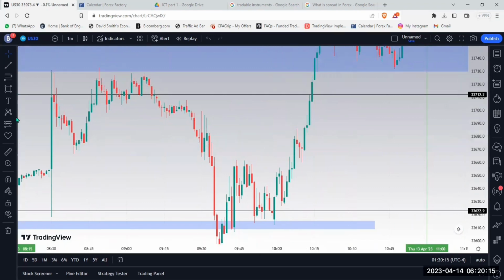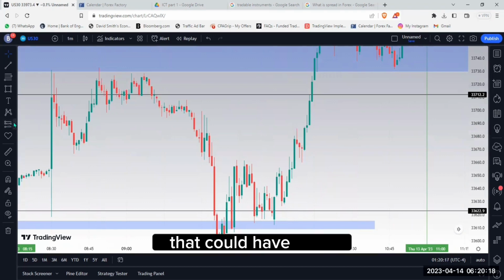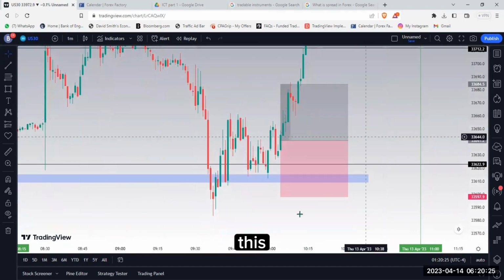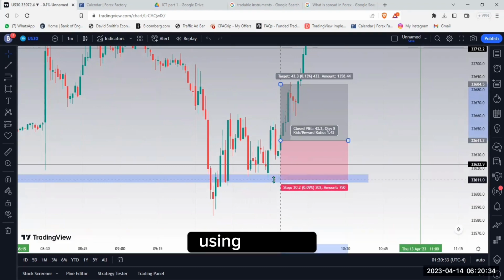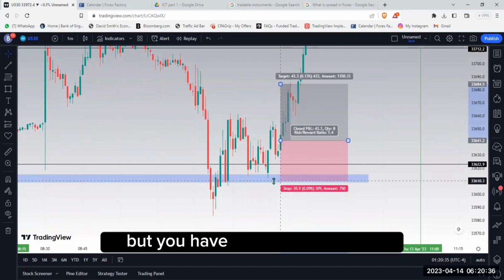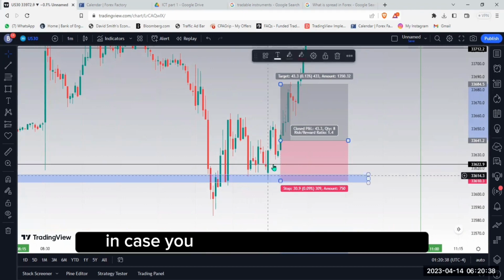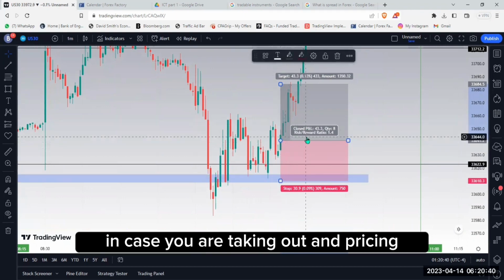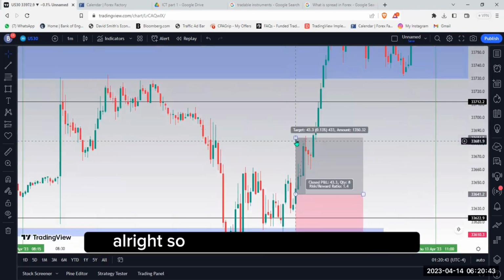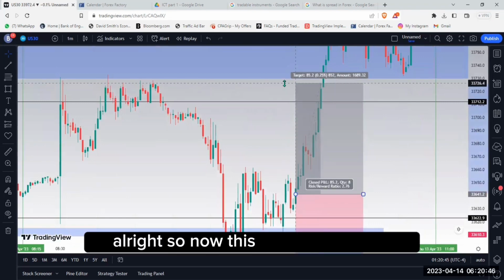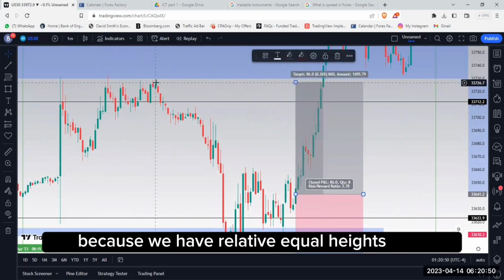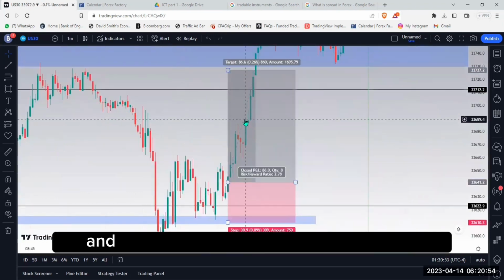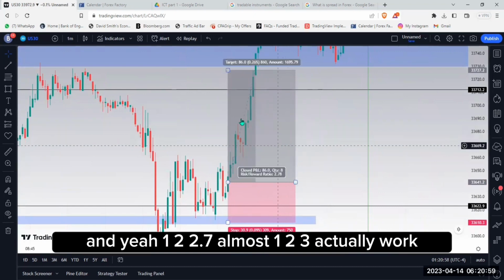Because we have relative equal lows, I would have been very skeptical with this zone, putting SL here. But you have to take a good risk in case you are taken out and price rearranges itself. So this will be the target because we have relative equal highs here. And yeah, 1 to 2.7, almost 1 to 3 reward.